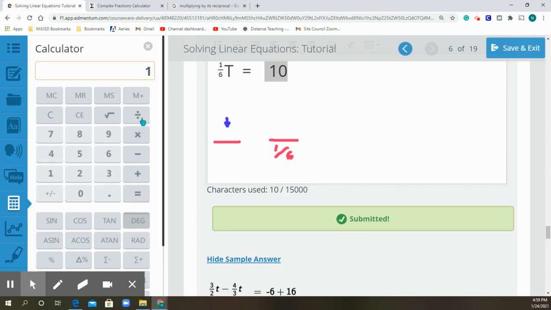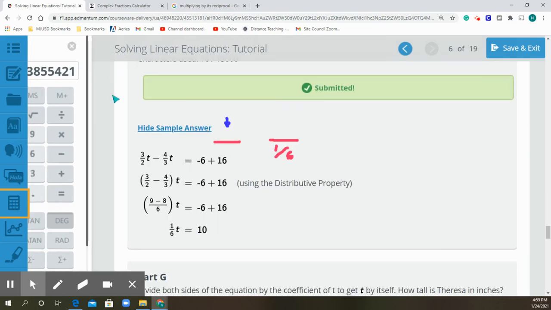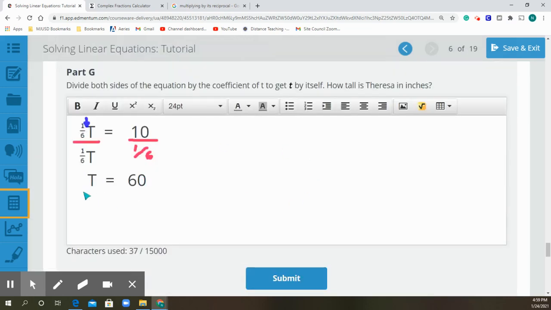So 1 divided by 6 equals 0.1666. Okay. 10 divided by that, 0.166, equals 60 and a little bit left over. So Teresa equals 60 inches. Does that make sense?